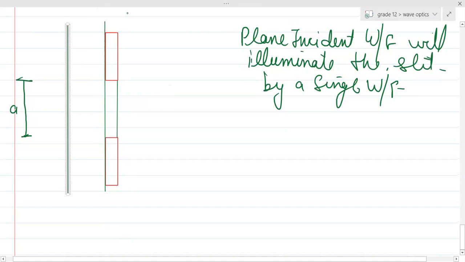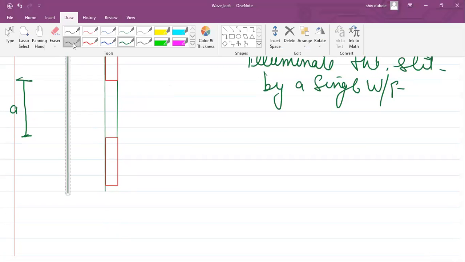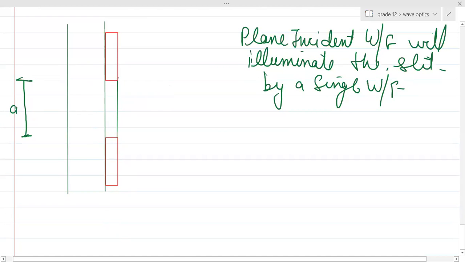Now see this particular thing. On this wavefront, I can assume many secondary sources, like 1, 2, 3, 4, and so on, n minus 1, and this is n.